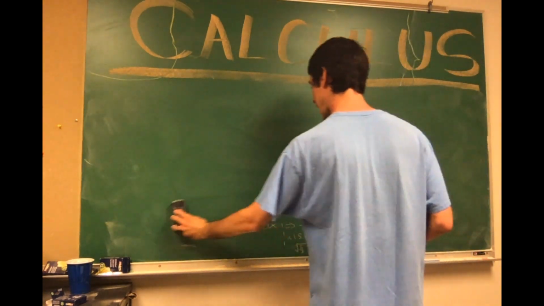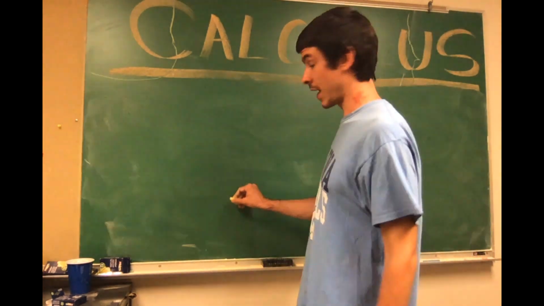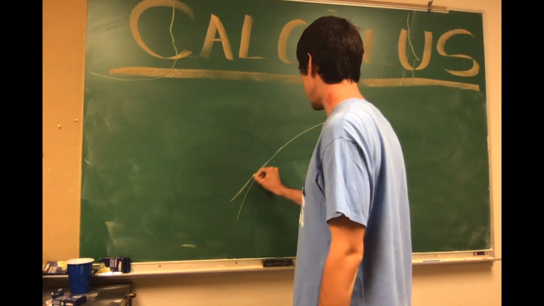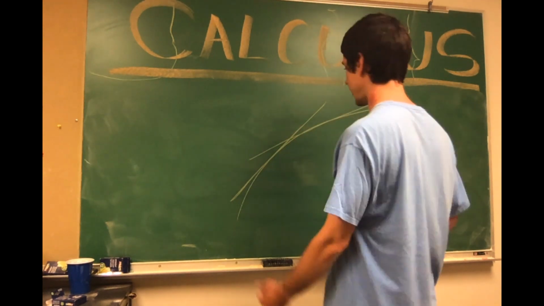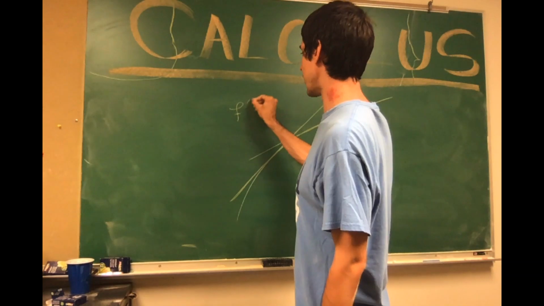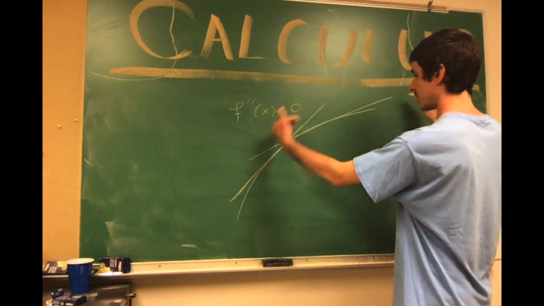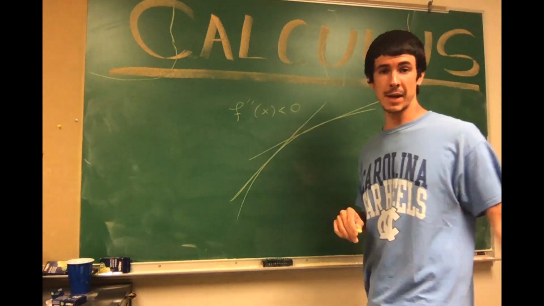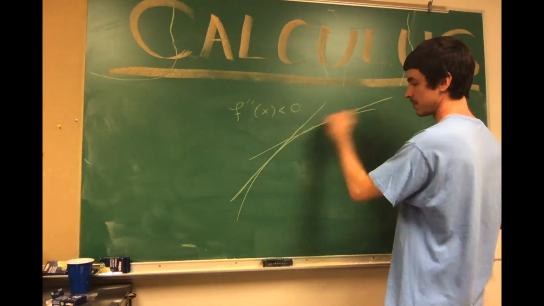Well, it's interesting. So going back to our picture at the beginning, we have a tangent line to the curve, and we consider what's happening with it a little bit later on. The slope is decreasing, so this is a curve where f double prime of x is less than 0. The tangent line is decreasing. But another thing about this picture is that the tangent line is always above the curve.